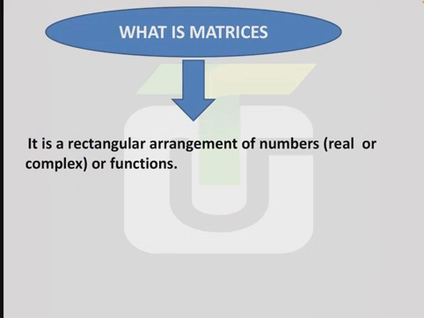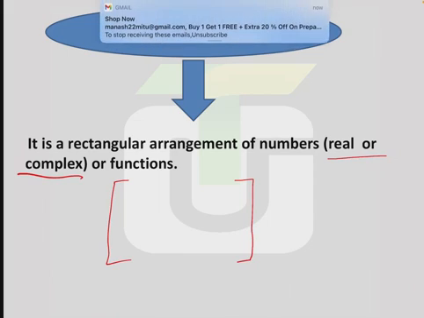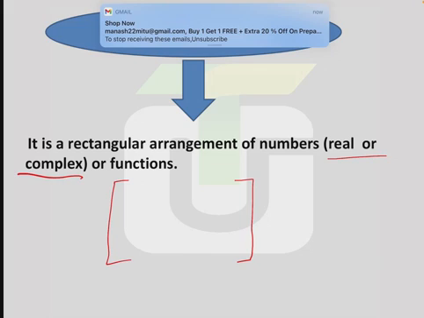Let's proceed to our next slide: what is a matrix? It is a rectangular arrangement of numbers, real or complex, or functions. Rectangular arrangement means this type of arrangement. Rectangular arrangement of what?